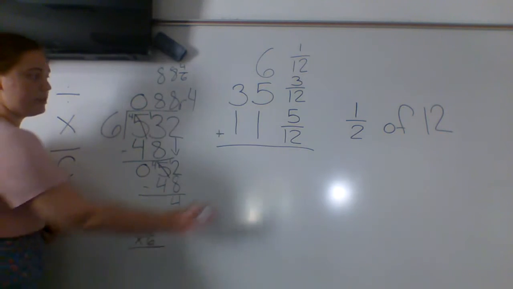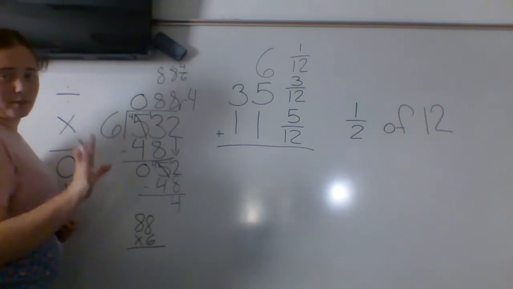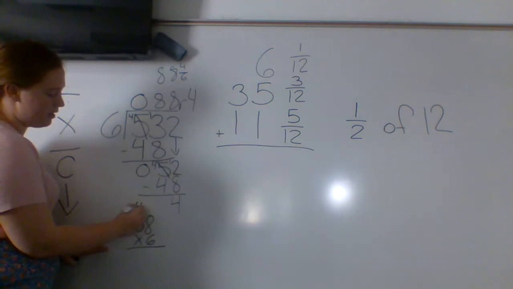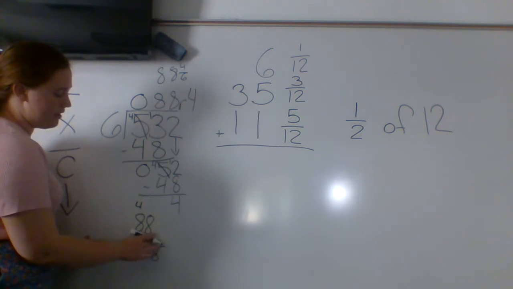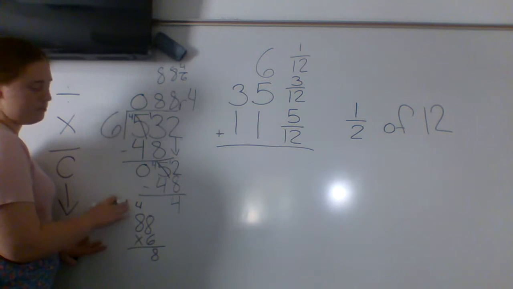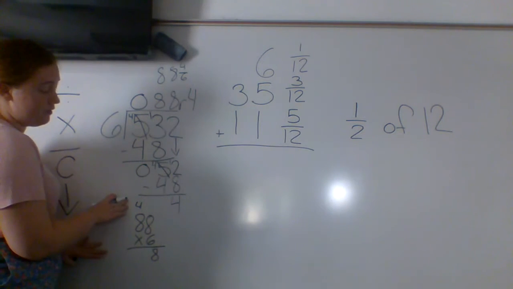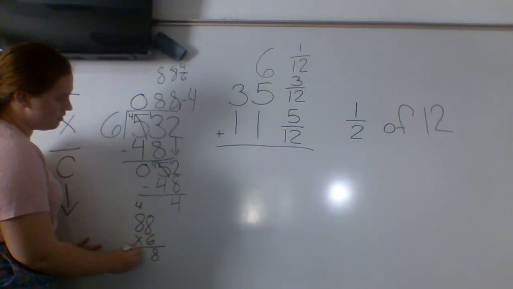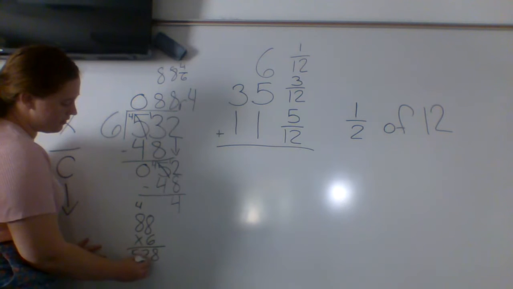Usually checking would be over here, but I just don't have enough room on the board right now. 8 times 6 is, we already said it was 48. And then 8 times 6 is still 48 plus 4. 48 plus 4 is 52.